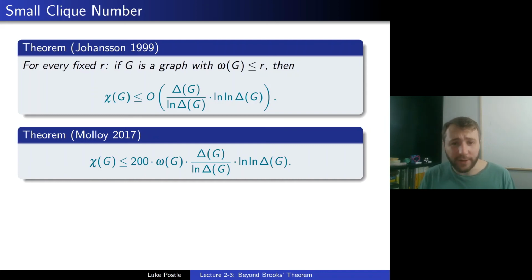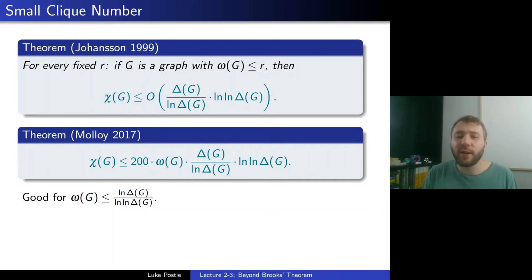Why is that good? Well, it's saying omega doesn't have to be fixed. You don't have to fix it to be 4 or 5. Rather, this would actually, if you think about it, give you a fairly good bound for any omega at most log delta over log delta. At least something a bit better than greedy, at least up to the constants. So when omega is in the sub-logarithmic in delta regime, Molloy's result gives you pretty good bounds.